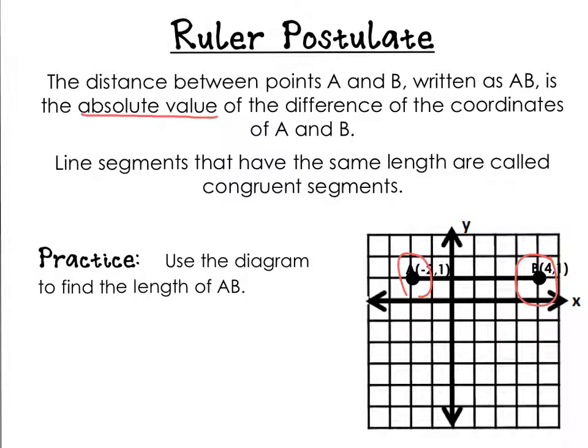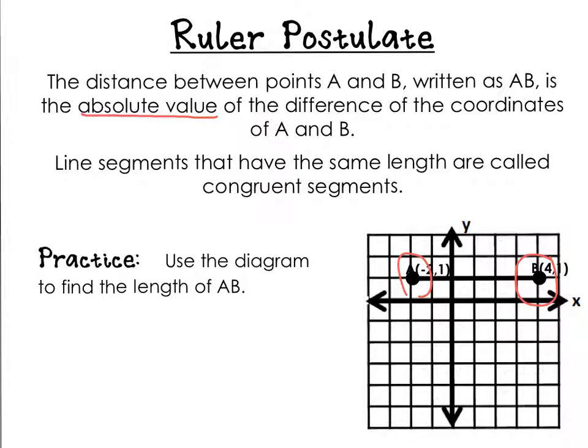Recognize that the distance is going along the x-axis because there is no y component here. We don't have to worry about the y values. They're both 1 in this case, so there is no distance in the y direction. However, there is distance in the x direction.